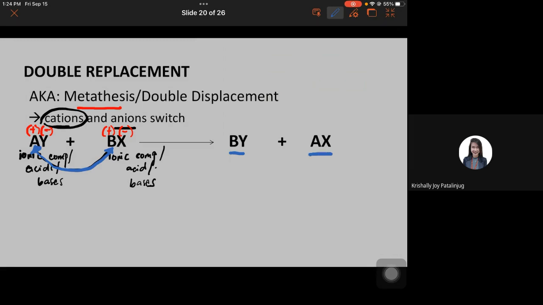So you switch A and B, meaning you switch the cations. As you switch the cations, you are at the same time switching their anions. So you can just focus on the cations. After you switch the cations, you are also at the same time switching their anions. So that's the concept of double displacement.